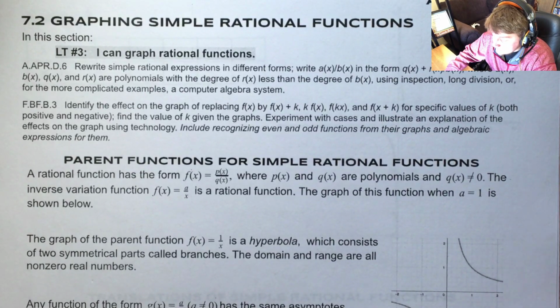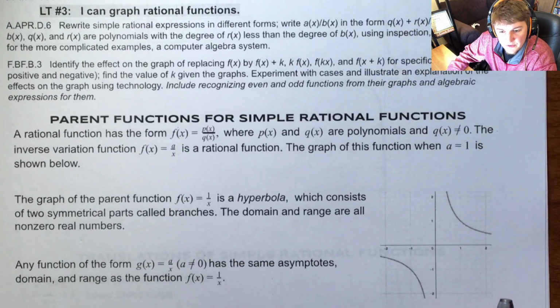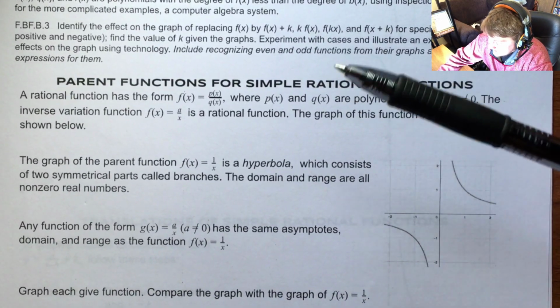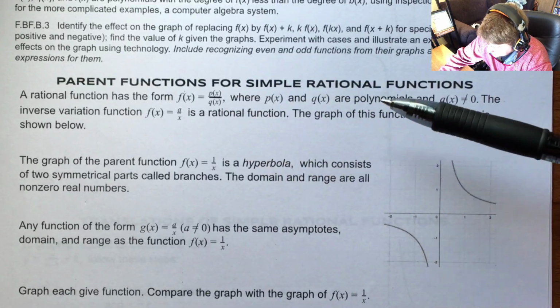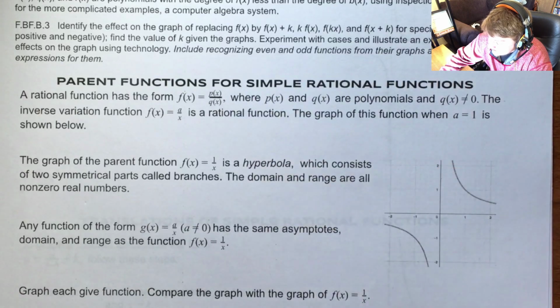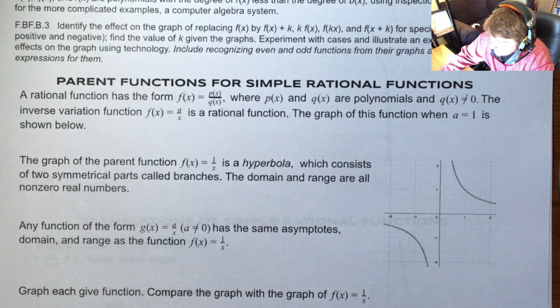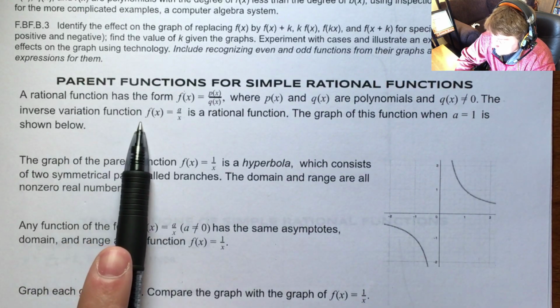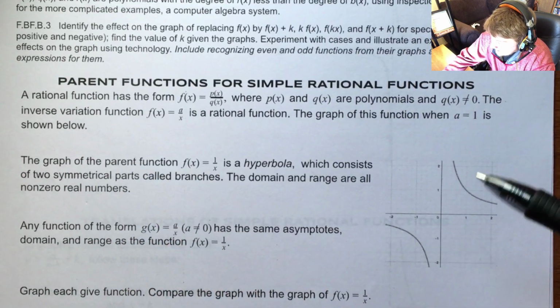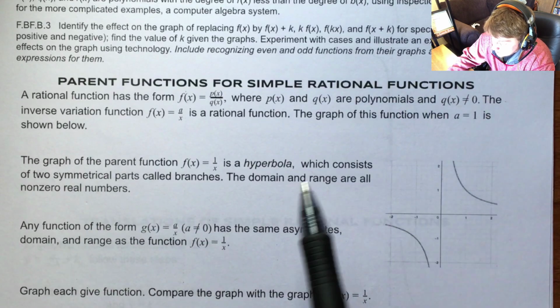So the parent function of a rational function, where we have an expression on top and an expression on bottom, is the inverse variation a over x, and the graph of this function when a is 1 is shown below.